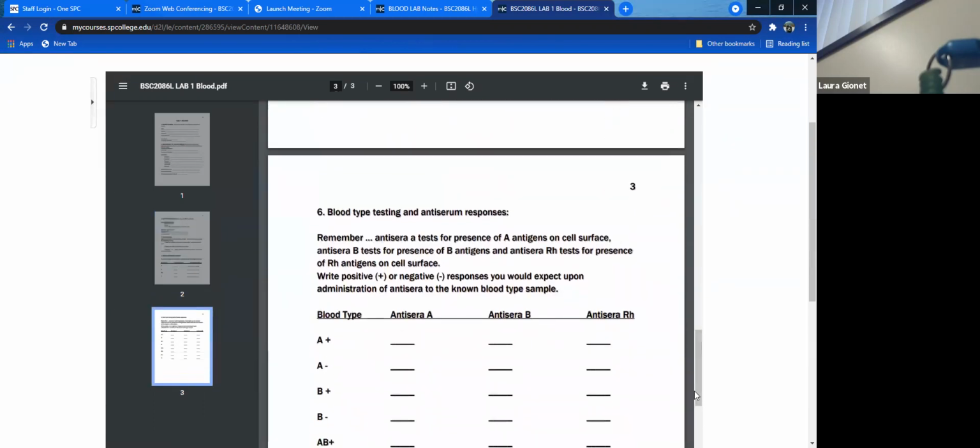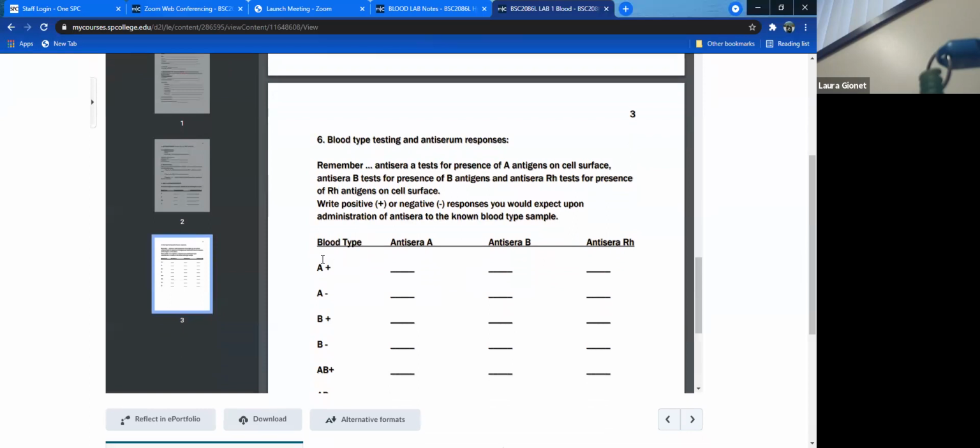All right. And then we have here blood type testing and anti-serum responses. Remember, the anti-A sera tests for the presence of A antigens on the cell surface, and anti-B, I should have a capital A in there. Anti-B tests for the presence of B antigens, and anti-Rh sera tests for the presence of Rh antigens, or anti-D for D antigens. Write positive or negative response you would expect upon administration of the anti-sera to the known blood type samples.